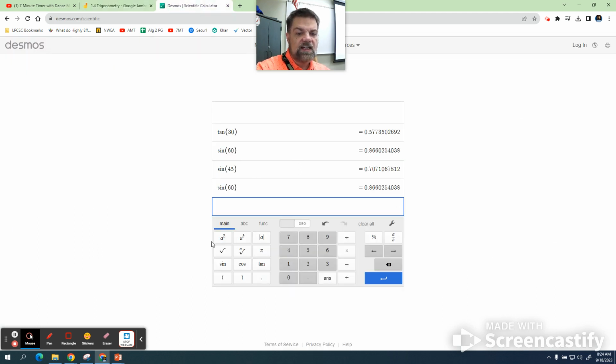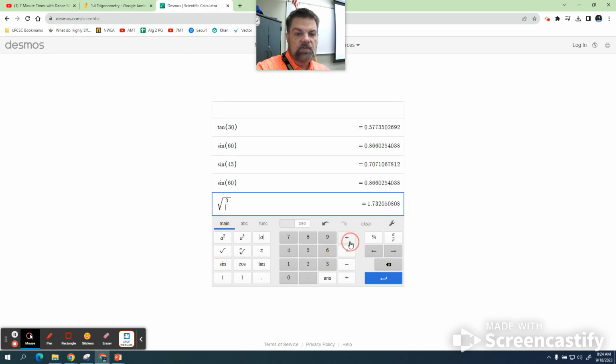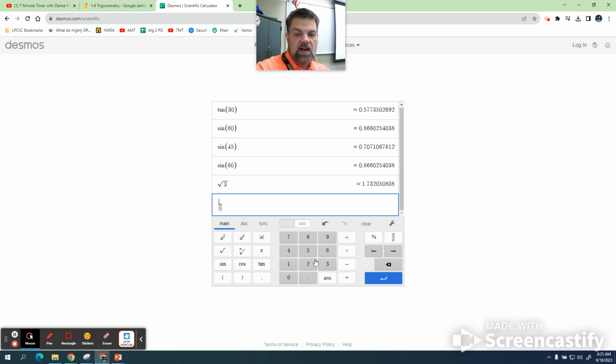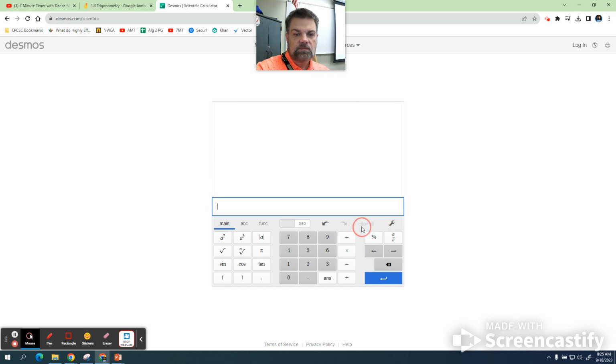So if I say the square root of 3 and then divide that by 2, I'm used to using the actual calculator. So then I do this, and now I hit divide by 2. There we go. Boom, same thing, right?